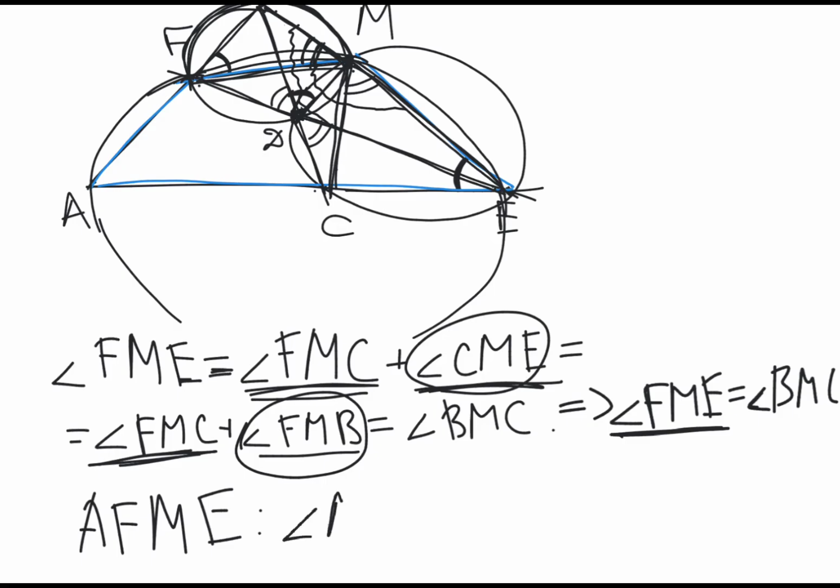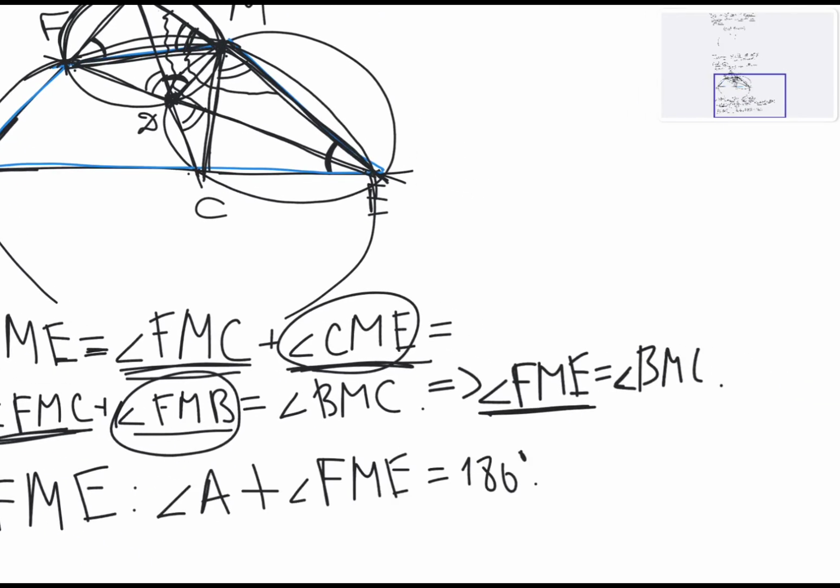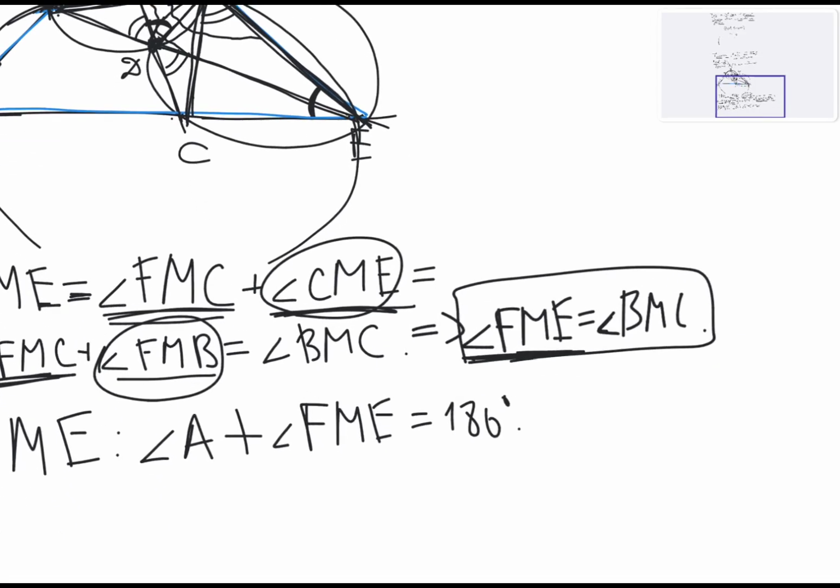So let's write the angle A plus the angle FME is equal to 180 degrees, right? This is one of the criteria of the inscribed quadrilateral. Now because FME is equal to BMC, we can replace FME with BMC.